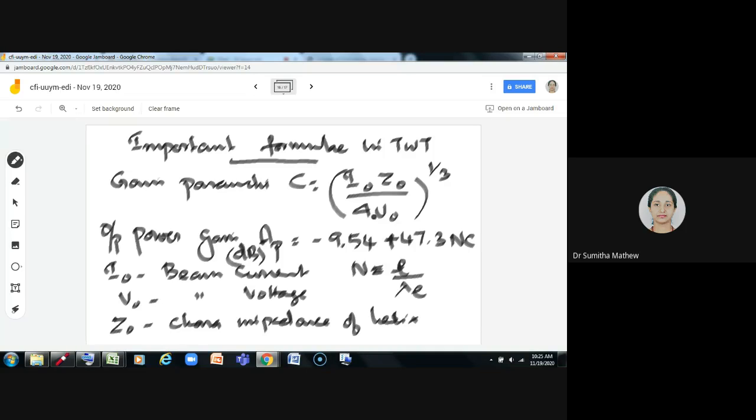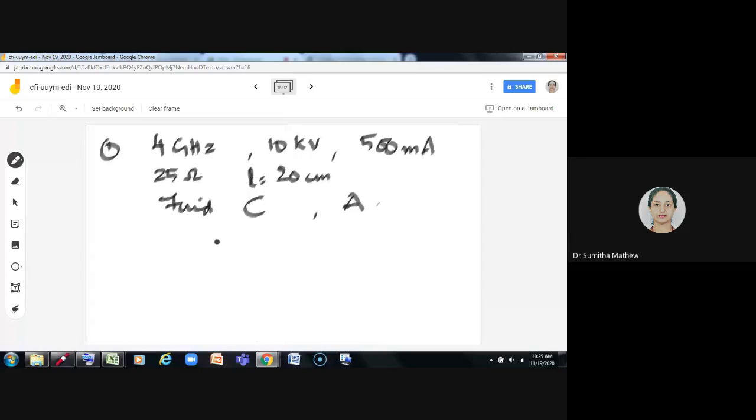So simply by substituting and calculating, you can find out C. C is equal to I naught Z naught by 4 V naught, raised to 1 by 3. Simply substitute the values. I naught is 500 milliampere, Z naught is 25 ohm, and V naught is 10 kilovolt. Substitute them, calculate, and find out C.